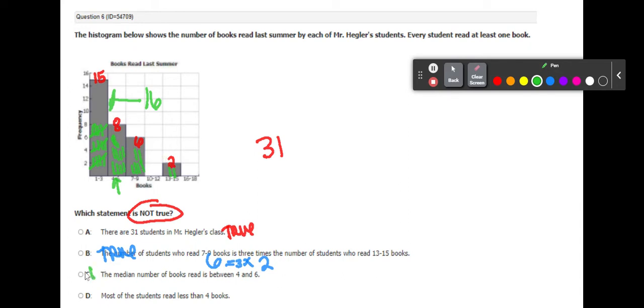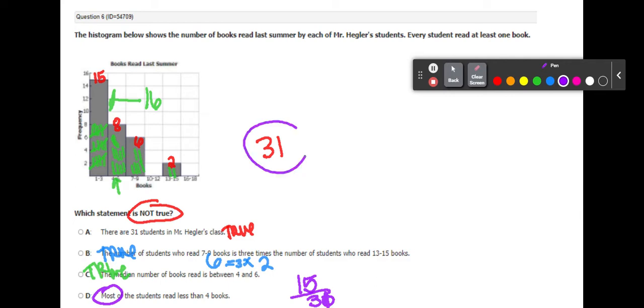So I'm pretty sure that one's true, which most of you who got this one wrong, I think, said C, because D throws you off a little bit. So D says most of the students read less than 4. Most, remember this word most. We talked about it before class started on this test. Most means more than half. So is 15 more than half of 31?